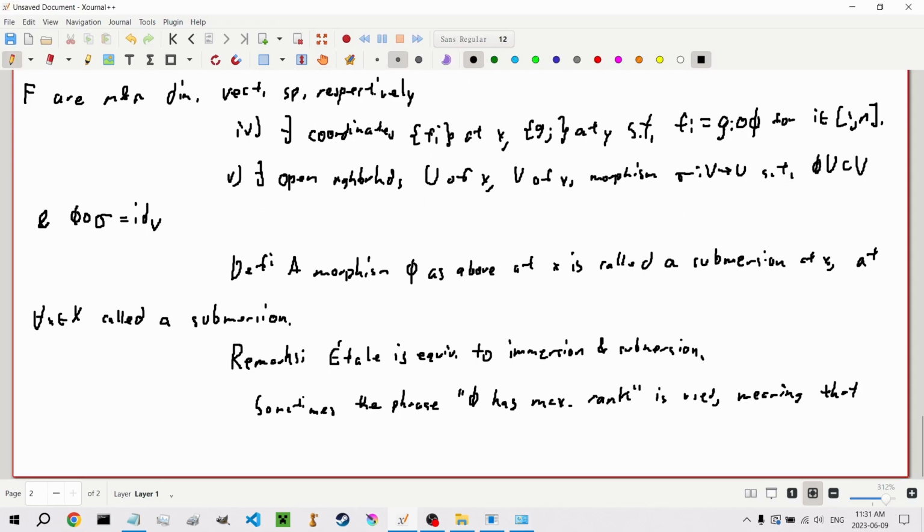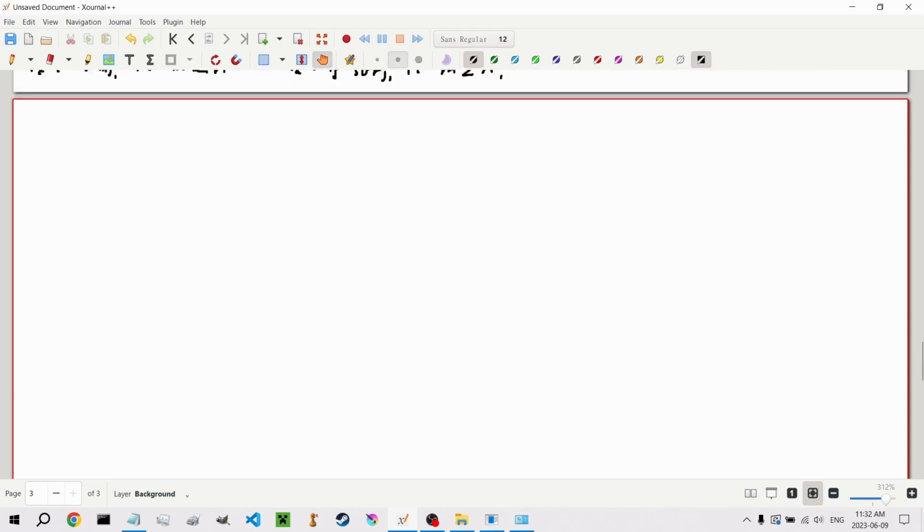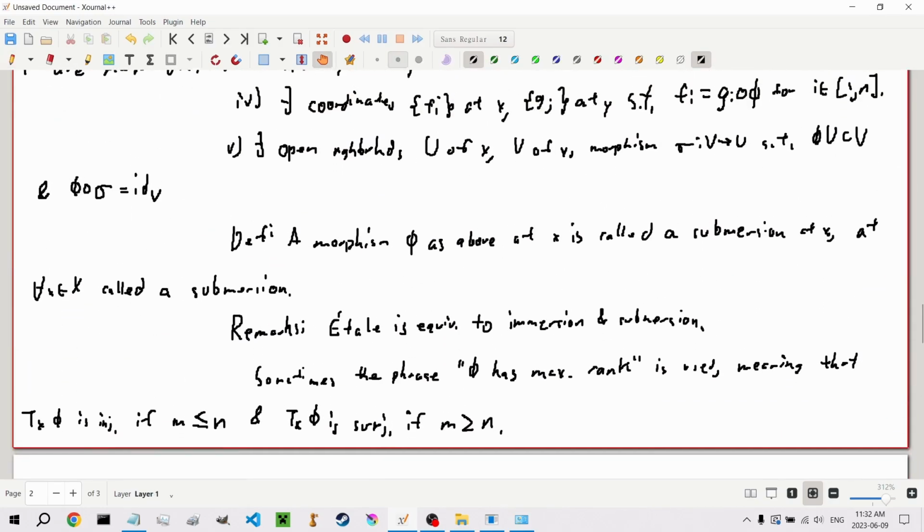Which of course is going to mean that T_x of phi is injective if the domain is not bigger than the codomain, and that T_x of phi is surjective if the domain is not smaller than the codomain, of course being equivalent if they are the same size, which is necessary for it to be étale, I guess.